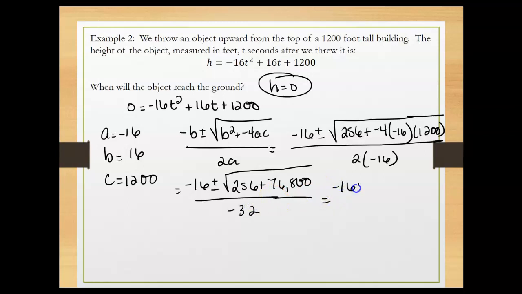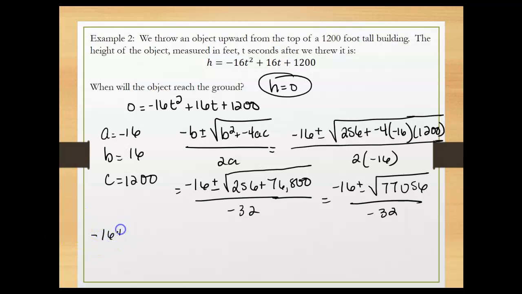And so that should have become negative 16 plus or minus the square root of 256 plus 76,800. And you should have said that that's 77,056 there. Now we're going to take the square root of that number. And that gives me, I'm going to round to the nearest tenth, 277.5896. If I round to the nearest tenth, that's 277.6.